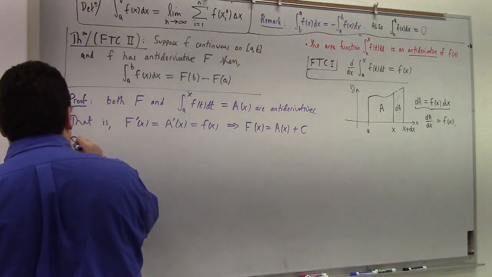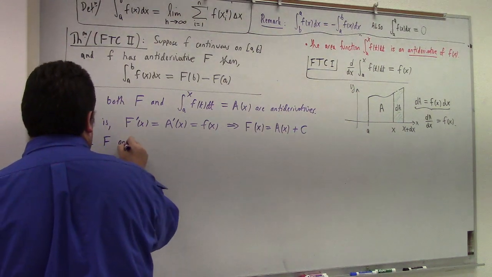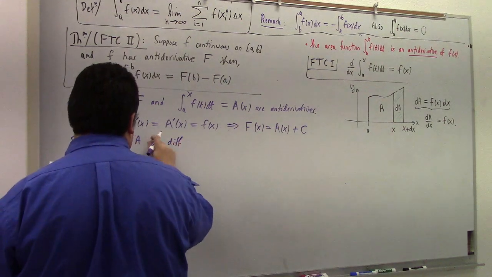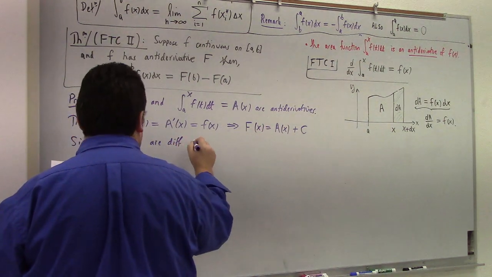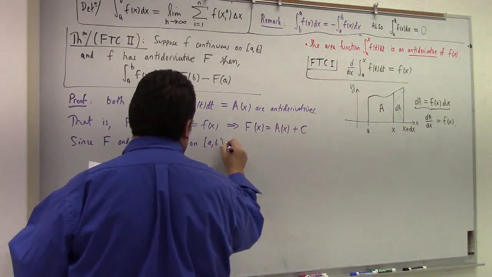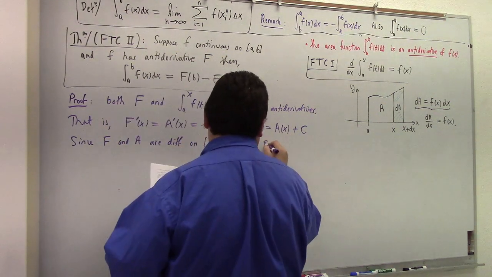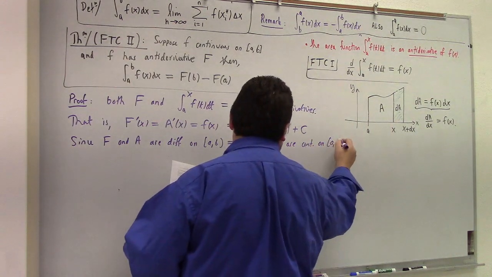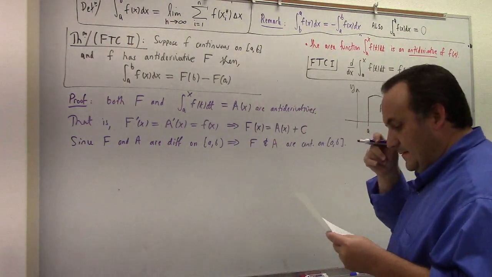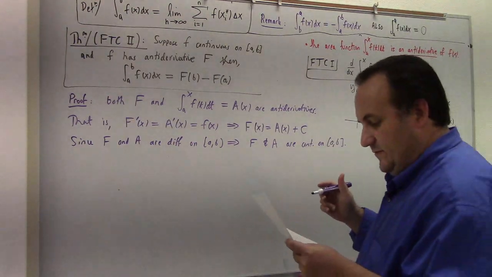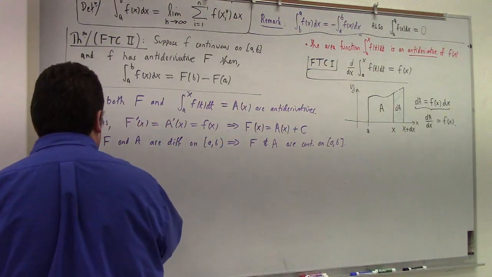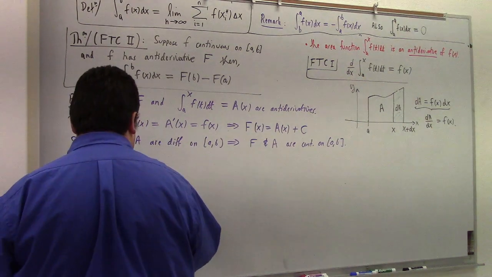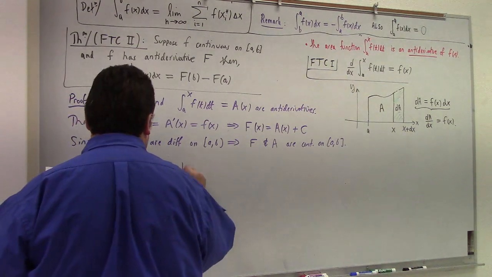Now, since F and A are differentiable on [a, b], that implies F and A are continuous, right? And so what I do here is look at F of a as the limit as x approaches a from the right of F of x.